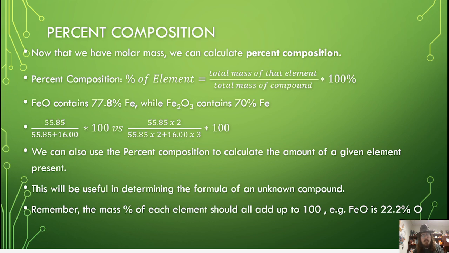This can be very useful when we determine a formula from an unknown compound. Now remember that the mass percent of each element should all add up to 100%. So because iron was 77.8, oxygen must have been 22.2. You add those up, they round to 100.